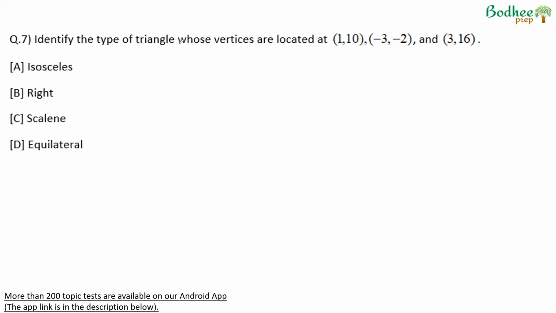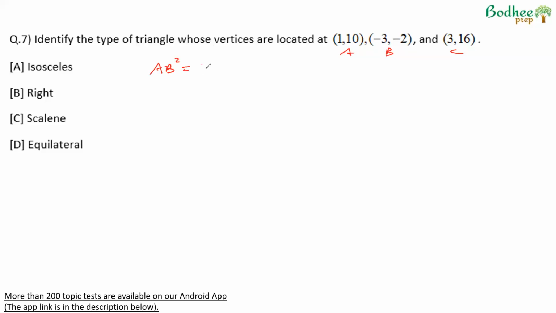Identify the type of triangle whose vertices are located at (1, 10), (-3, -2) and (3, 16). So this is C. Length of AB will be under root of, or should we simply find out AB square? Let us find AB square.